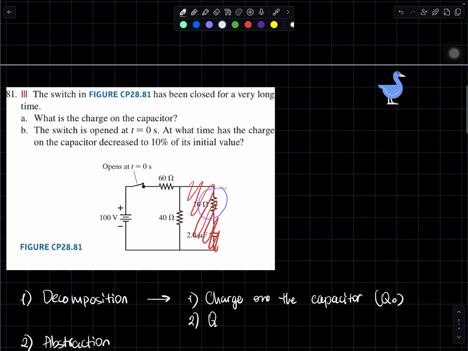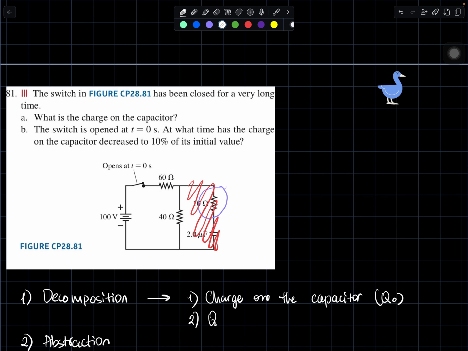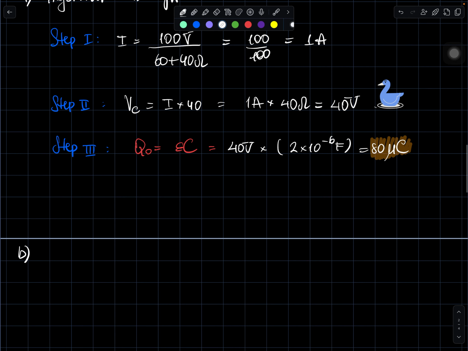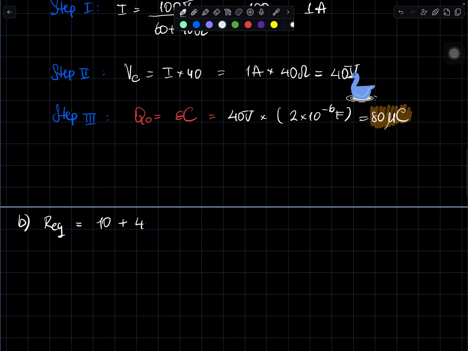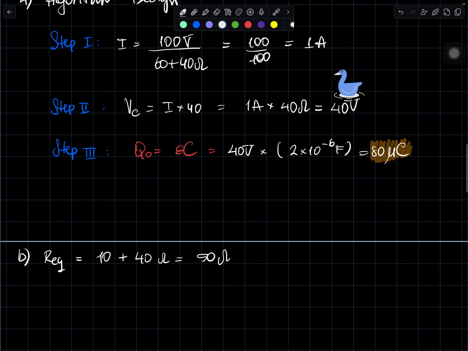So once the 60 ohm is cut off, we will still have 40 ohm and 10 ohm connected to the capacitor. The 60 ohm does not get any charge, but the 40 ohm and 10 ohm resistors are connected to the capacitor. So let's solve the equivalent resistance first. 10 plus 40 ohm gives us 50 ohm.